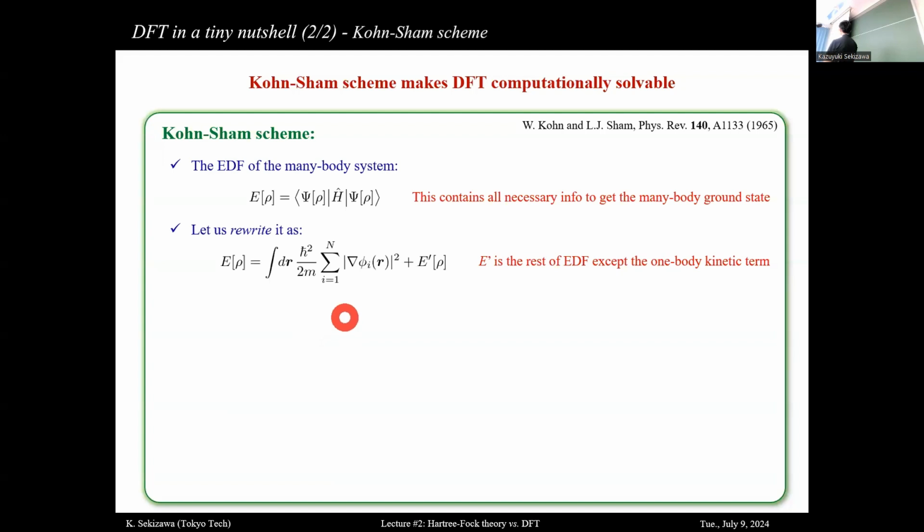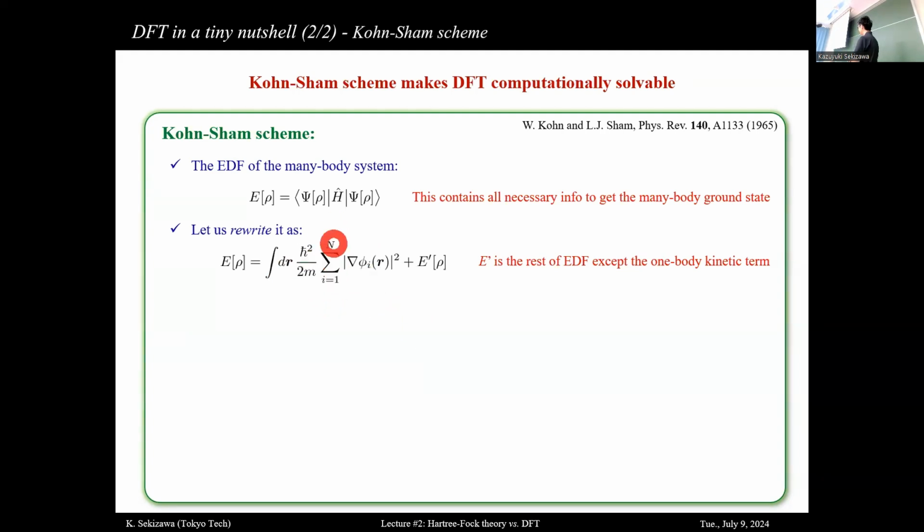Now, what we do here is to introduce single-particle wave functions or orbitals, small phi here, and express the kinetic term just like in Hartree-Fock. This is an independent particle picture.